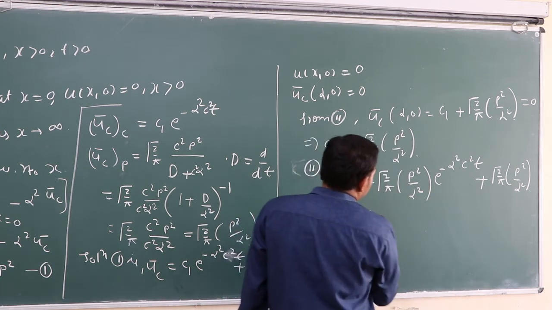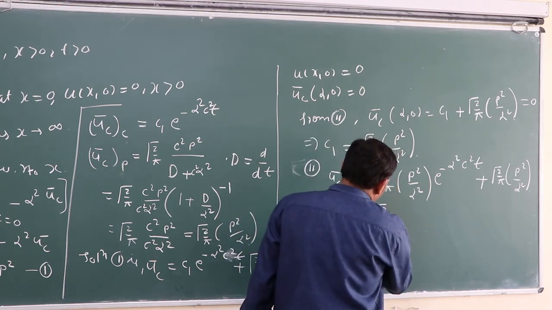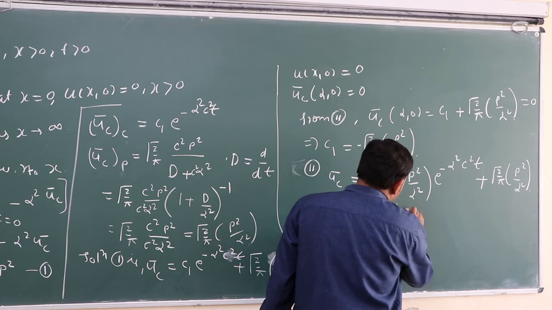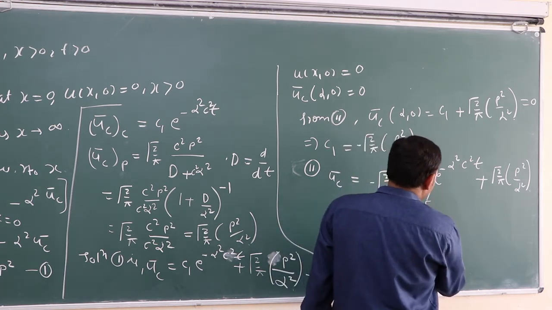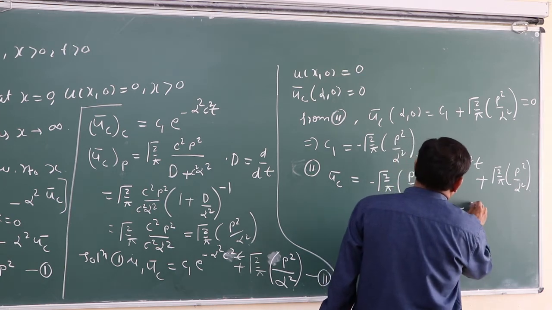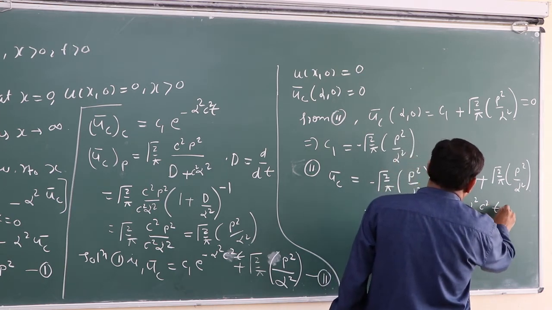So this can be written as under root 2 upon pi p square upon alpha square, taken outside, times 1 minus e to the power minus alpha square c square t.